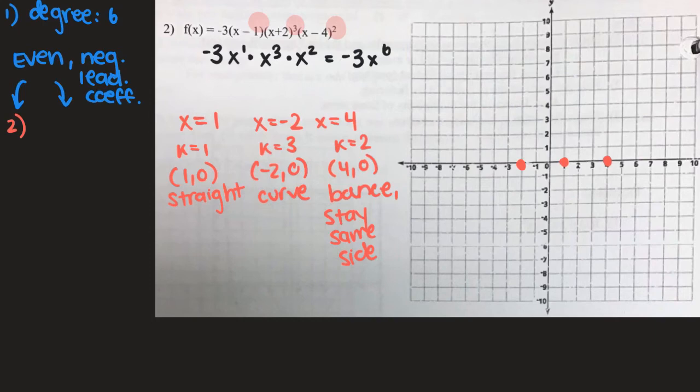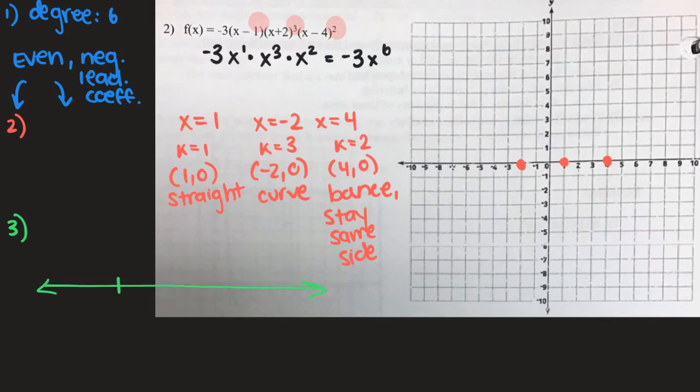Okay, and for step 3, we would plug in random numbers, but the thing is if I plug in random numbers into this, I'm going to get really big numbers, so I'm not going to do that for this one. I am actually going to make a number line to test out if my values are positive or negative, because that's all I care about. So here's my number line.